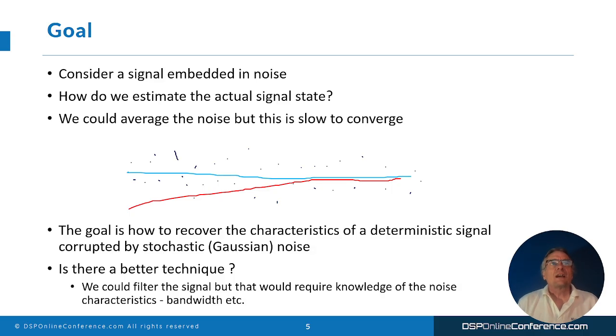Okay, so what does a Kalman filter do, and what are we trying to achieve? Well, let's consider a signal embedded in noise. If we have a transducer, for example, trying to detect the position or velocity of a moving object, how do we actually estimate the true signal state if that signal is embedded in a very large amount of noise?